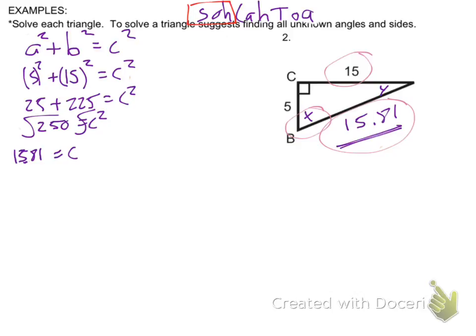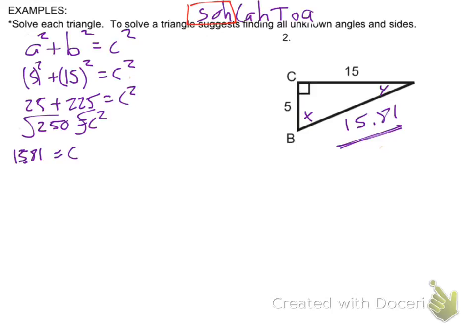Now, the reason I'm not going to use sine or cosine right now, because I do have 15.81, right? I have a hypotenuse. But is 15.81 really the true answer? No, it's an approximation. So, if I'm looking at this triangle, what are the only two pieces of information that I absolutely know? 15 and 5. Which means on one of those particular angles, x or y, I know an opposite and an adjacent.